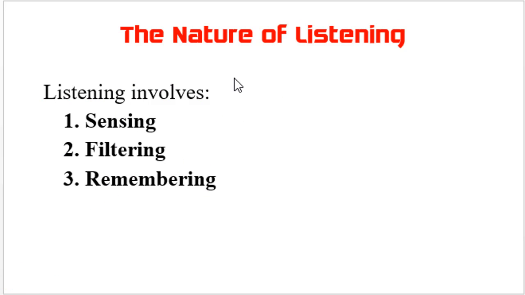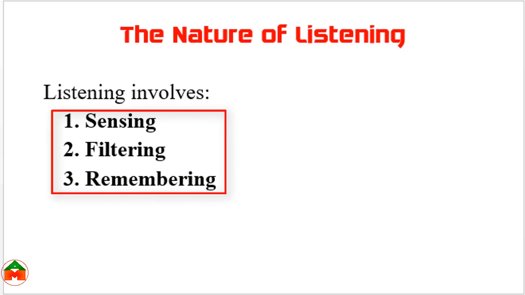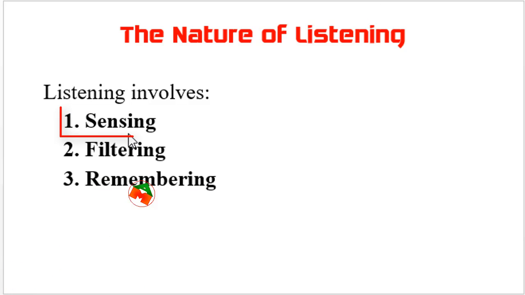Up to now, we have discussed various techniques as a speaker, but sometimes we may need to act as a listener. So, what is the nature of listening? Listening involves sensing, filtering, and remembering. So, what is sensing? Sensing has two parts. The first part is you should have the ability to sense the sound, and the other part is you should be attentive in listening. The second one is filtering.